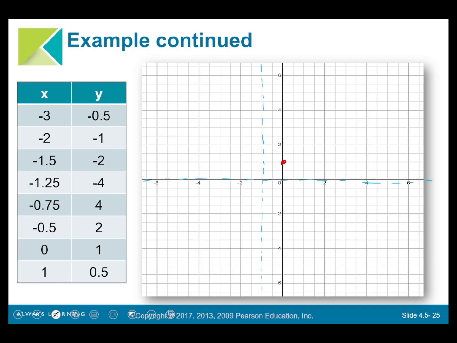There we are. So now as we plot our points, we plot those in blue too. I have (-3, -0.5), (-2, -1), (-1.5, -2), (-1.25, -4). I think we can see where that trend is going. (-0.75, 4), we have jumped. (-0.5, 2), and (0, 1) we already have, and (1, 0.5).